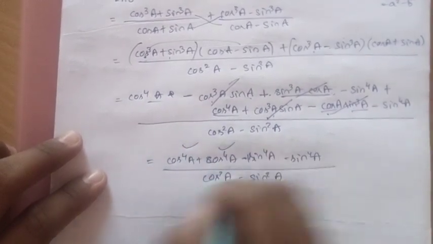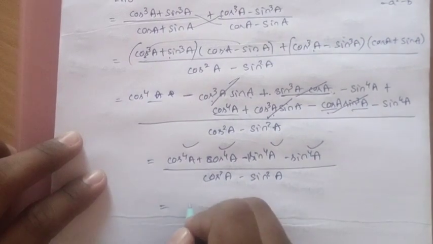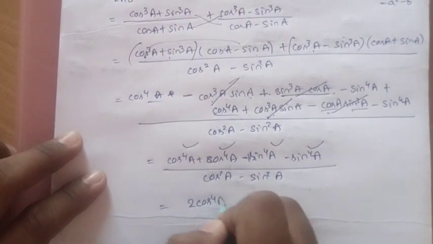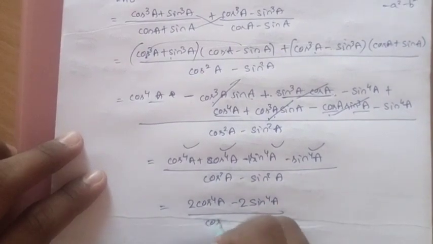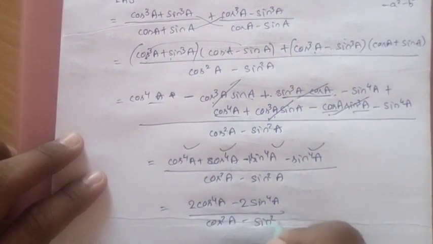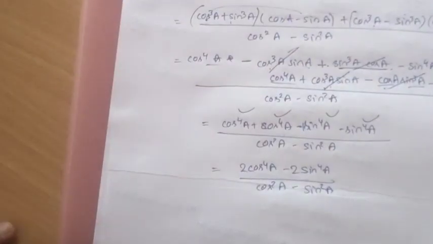So then if you add this on this also, we will get 2 cos power 4a minus 2 sin power 4a, whole dividing by cos square a minus sin square a. Is it right?